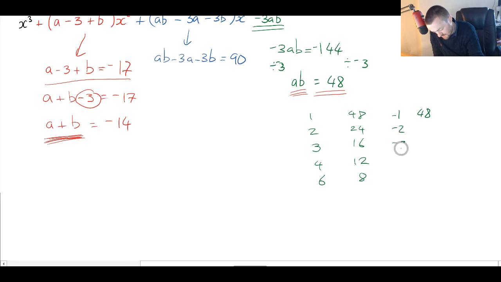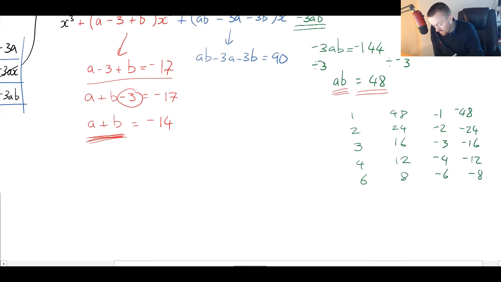So each of these could be negative, and each of these could be negative. So out of all of your pairs of factors of 48, you are now looking for two of them that multiply together and add together to give you negative 14. So you can see here that it's got to be negative 6 and negative 8.